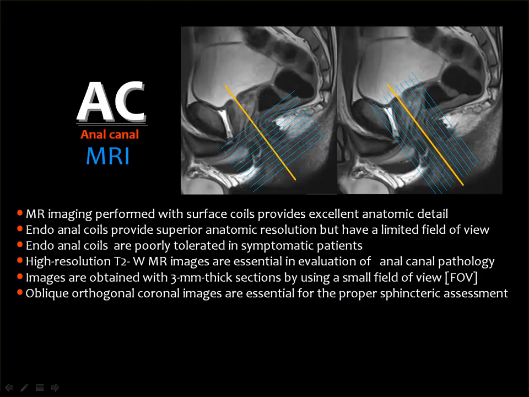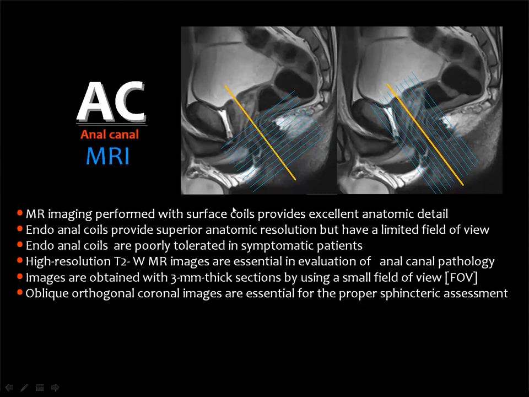And actually, the evaluation of the anal canal can be done in many ways. Of course, you know that the best imaging modality for the time being is the MRI.